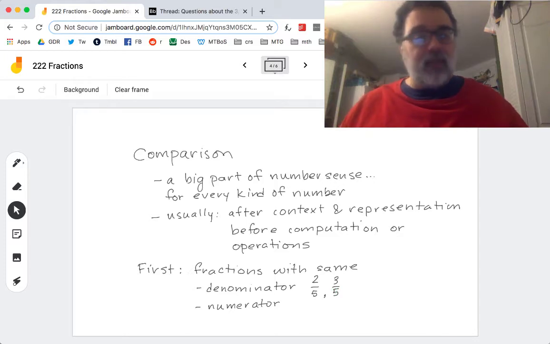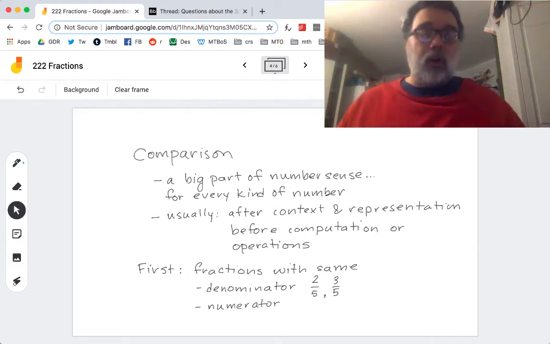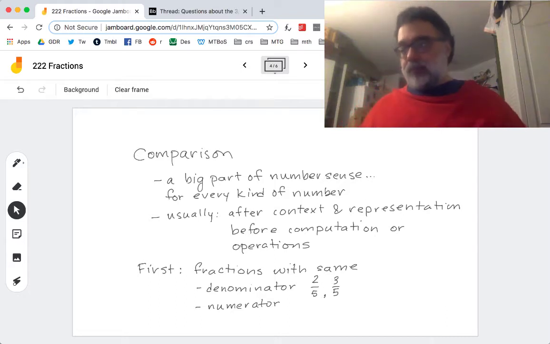Well, if we have that basic understanding of fractions, it becomes obvious, right? We have 2 of a fifth, the same size, 3 of a fifth. Having 3 of them is more than having 2 of them.